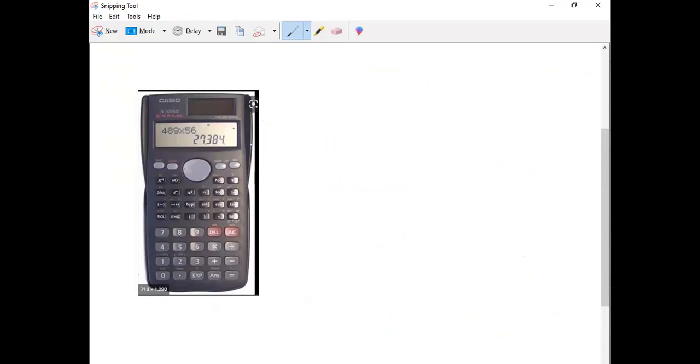I don't know what calculator you have there, but you can use a calculator to compute. So this is where the permutation is. You can press 4, shift, and this part here, you are going to have nPr.